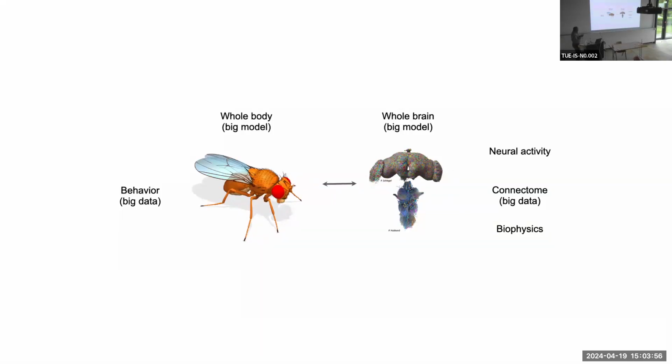And so if you think of the input-output function of the entire brain, the inputs are the sensory system, which can be specified in detail through a body model, and the outputs are the motor behaviors that are produced, which again can be specified in terms of the degrees of freedom, the limbs in this body. So this is what we set out to do.